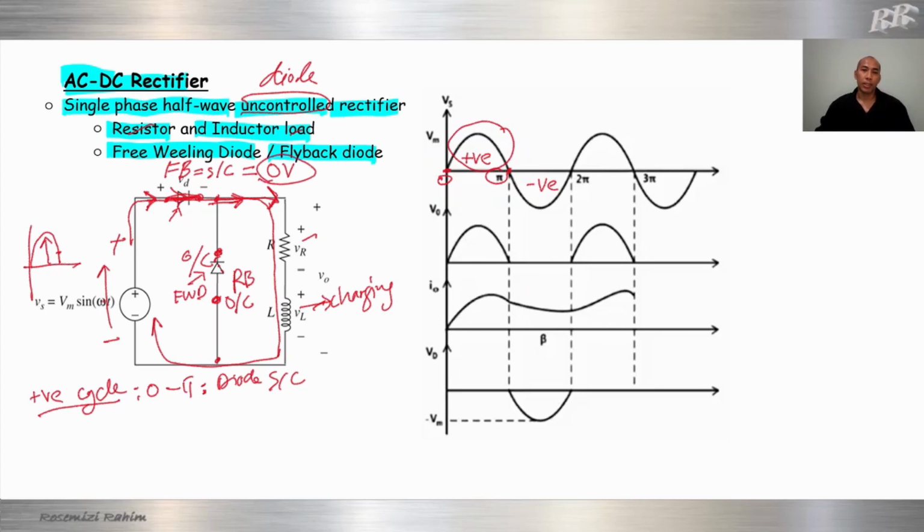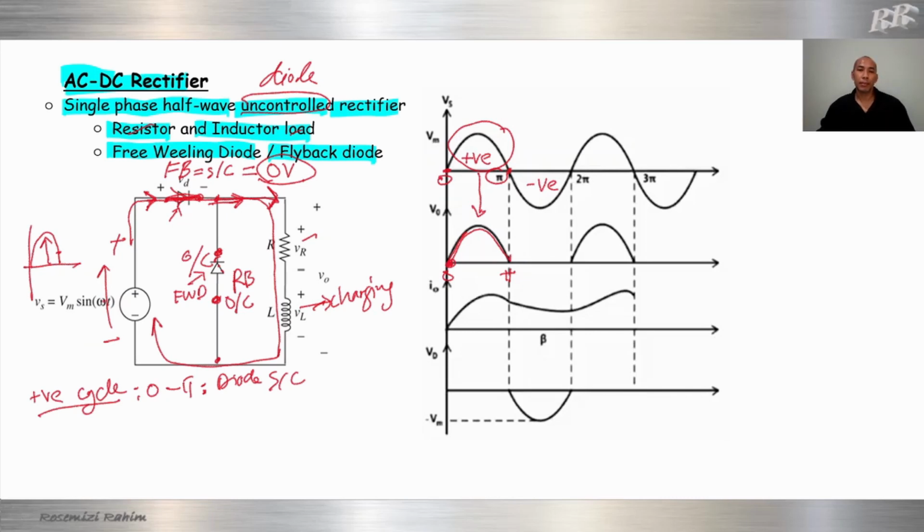There is no voltage drop there. So all the input goes to the output, which means the output waveform will be the same as the input waveform from 0 to pi.